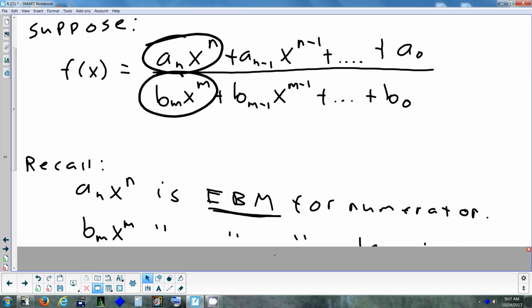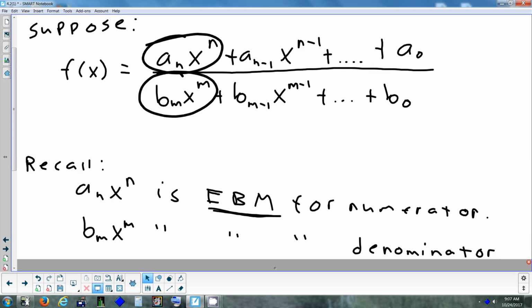What do you think you would do with the 2 of them to predict what's going to be happening in this whole fraction? Any guess? What do you think you would do to predict what's going to be happening with this whole fraction?